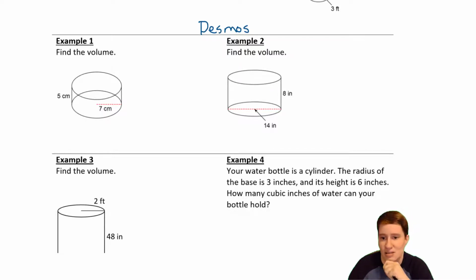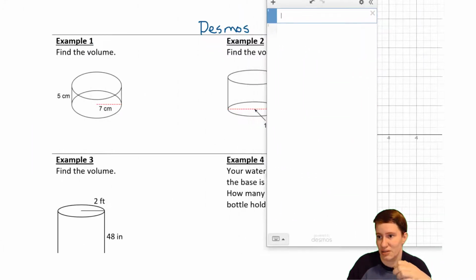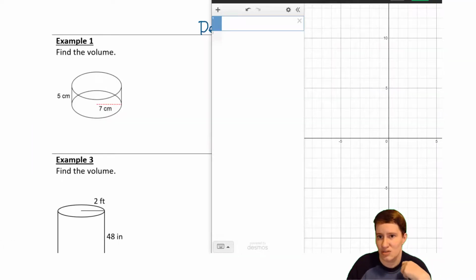It also has a web browser version. When you start up Desmos, it looks like this, and this is actually a graphing calculator. But if you type things in over here on the side, it will tell you answers. It's not just for graphing, basically.